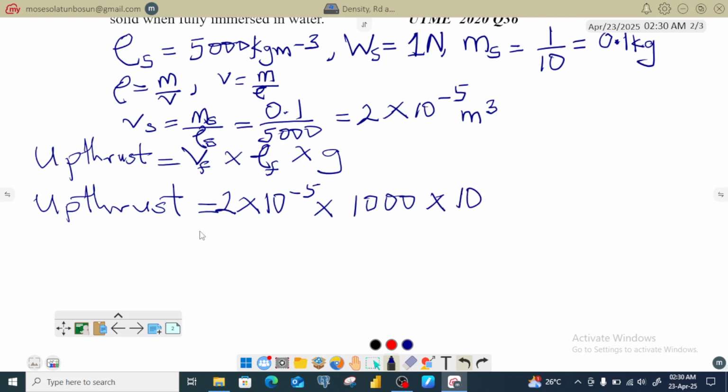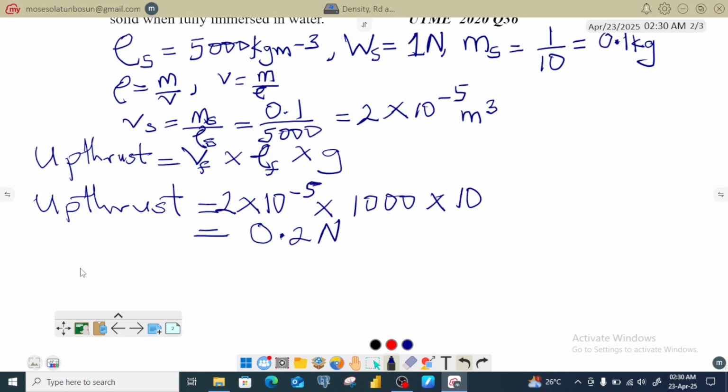So if you press your calculator, the value of the upthrust will be 10,000 multiplied by 2 times 10 to the minus 5, and definitely that will give us 0.2 Newton.